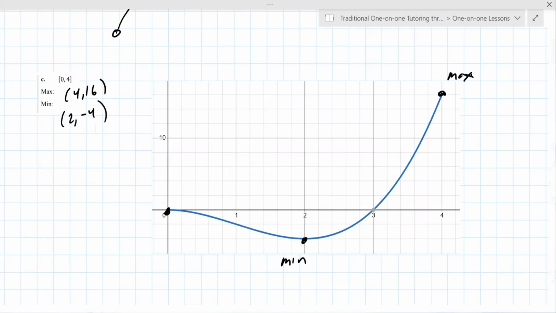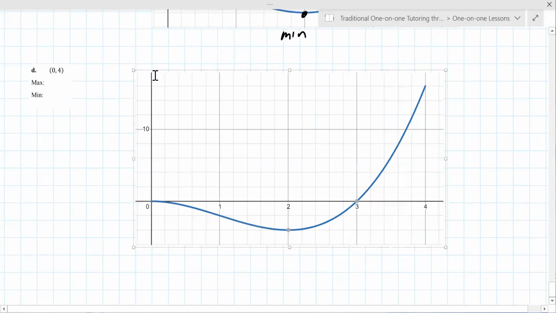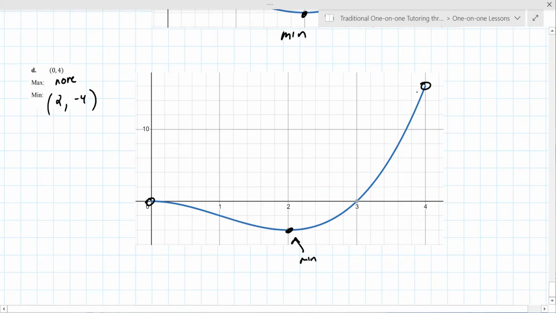But then for part D, where you're now using an open interval, it's the same graph, but there are open circles here and here. When there are open circles, nothing can happen at those points. So there is just a min right here. There is no max, because there's nothing at the top point.